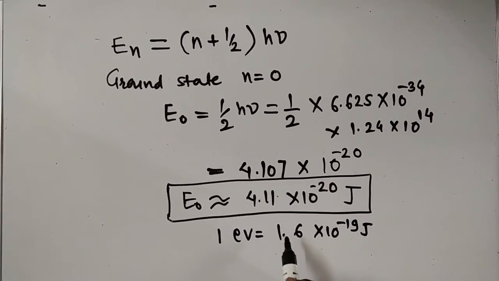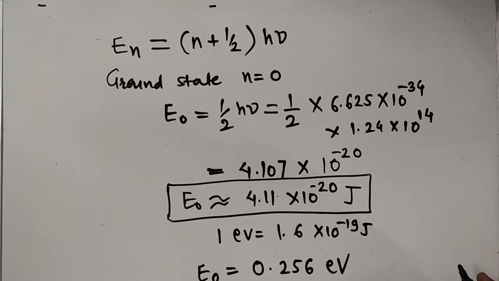If I divide by this quantity, I'll get the energy in electron volt also, right? So if you want to convert in electron volt, we can convert, otherwise we can leave it as it is, right? So divided by, so this value comes out to be 0.256 electron volt, right? If you want to convert, you can convert, otherwise you can write the values in joule also, right?